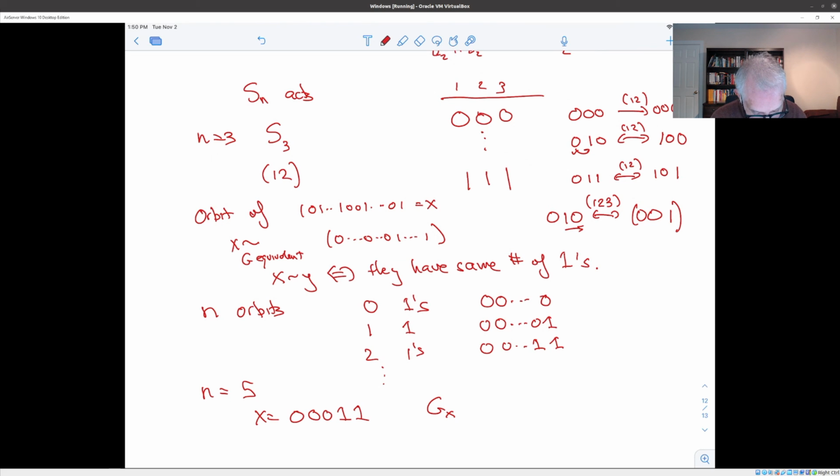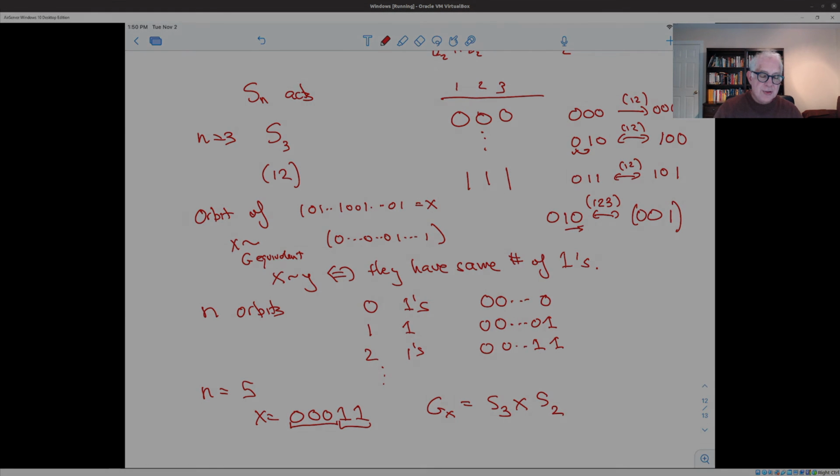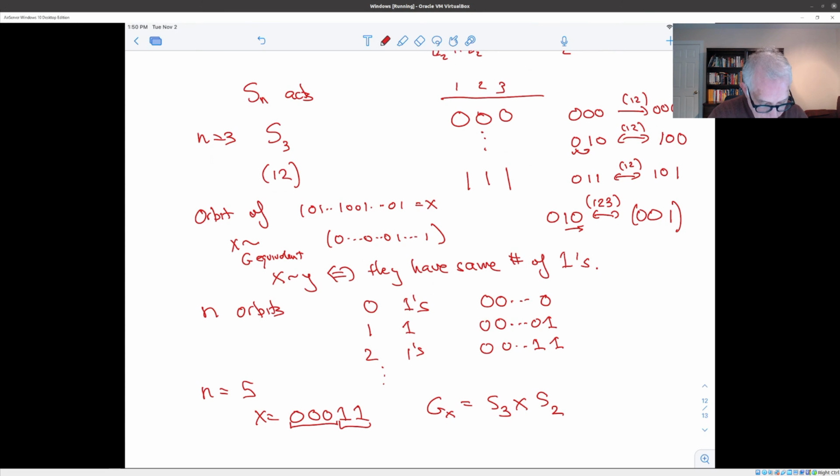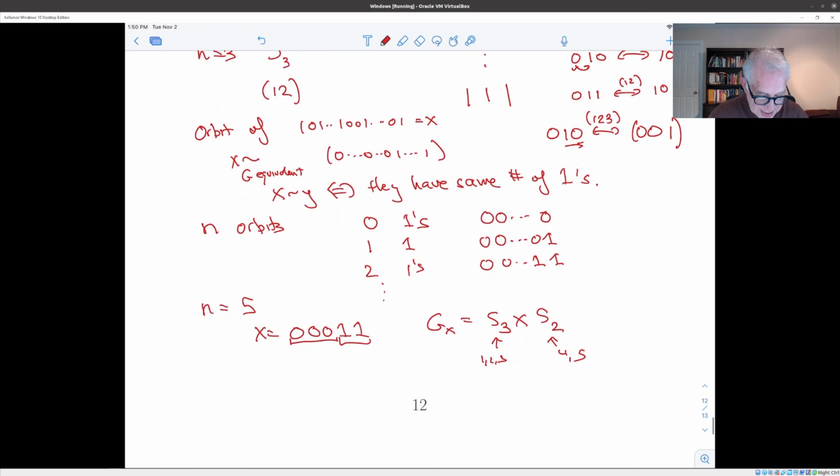That means you can do anything to these first 3 positions and keep them 0, and you can do anything to these last 2 positions and keep them 1, provided you don't mix up the 2 parts. So these are the permutations on positions 1, 2, and 3, and these are the permutations on 4 and 5. And in general, that's the stabilizer.